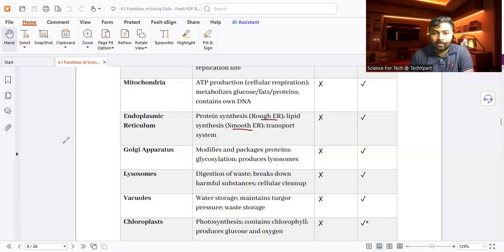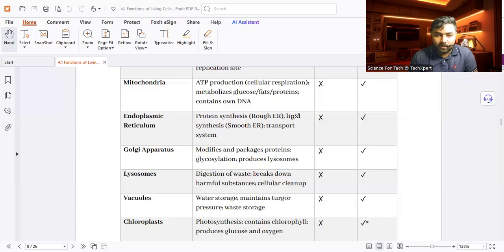The ribosomes synthesize protein, and when the ribosomes and the endoplasmic reticulum are combined, they can synthesize and transport this protein.